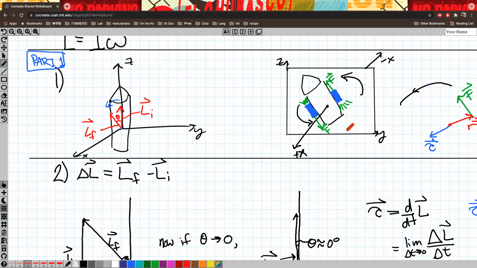I'm just looking at the section. Torque changes angular momentum. Because I think that's where I'm supposed to be looking at the moment, but I just don't really know what to do.